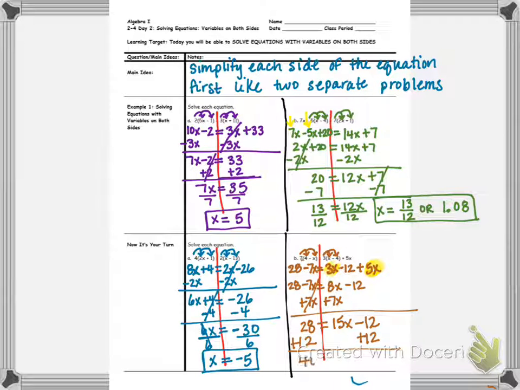I get a total of 40 equals 15x. Those canceled out. And then I divide by 15 on both sides. 40 divided by 15 is, we can say that's 2.7 as a decimal. We can leave it in decimal form. Those x's cancel out, and that is your value for x.